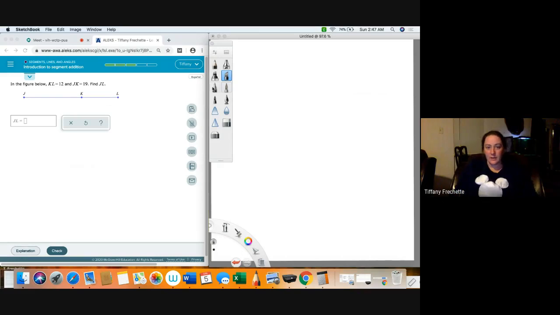Okay. So I'm going to start with J, K, L. Now it's telling us that KL is 12 and JK is 19. So we went back to that first problem where we have the two pieces.